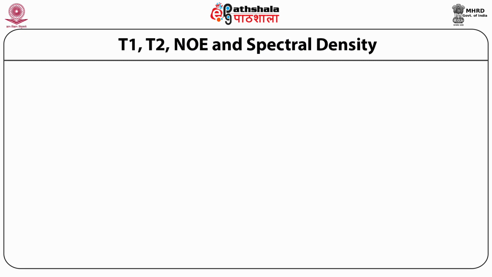So NMR can also be used to calculate the conformational entropy component. And the way we do it is by measuring T1, T2 and NOE. T1, T2 and NOE are related to the spectral density function, and the equations for R1, R2 and NOE are given in this slide.